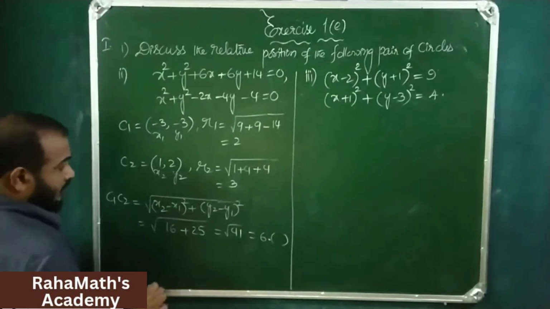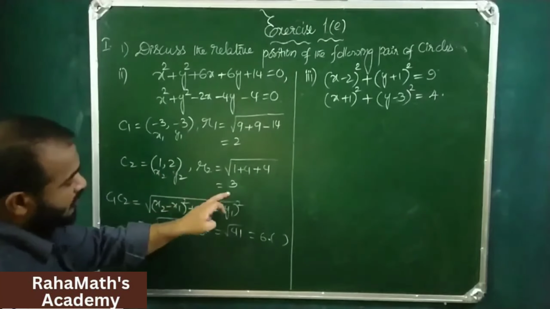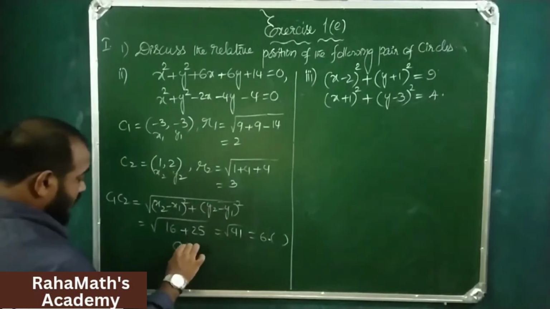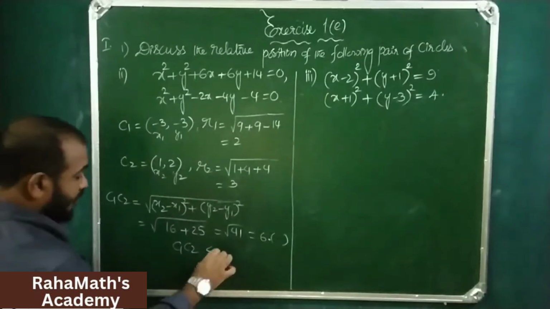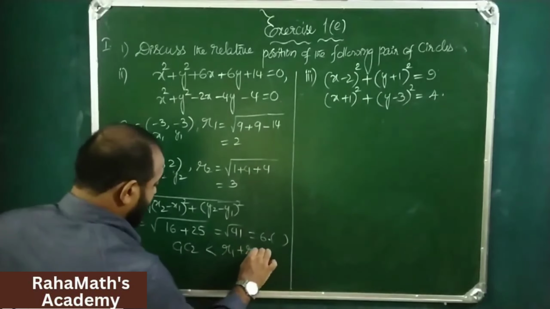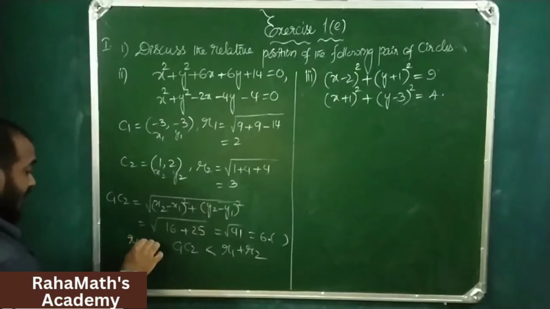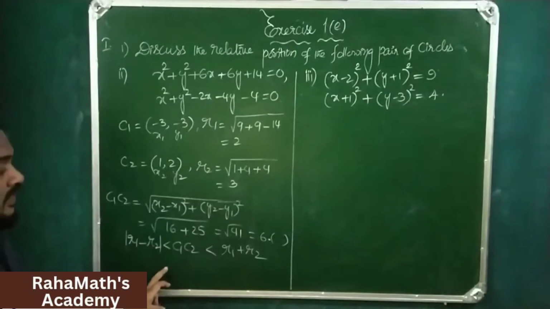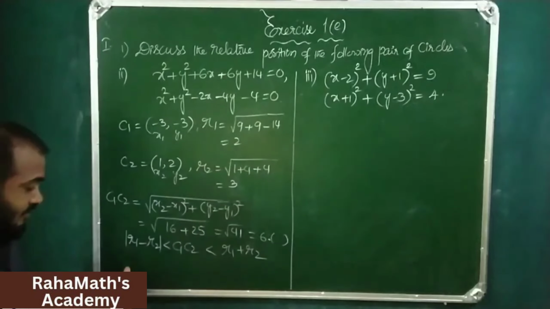Now, C1C2 and R1 plus R2: R1 plus R2 is 3 plus 2, 5. R1 minus R2 is 3 minus 2, 1.